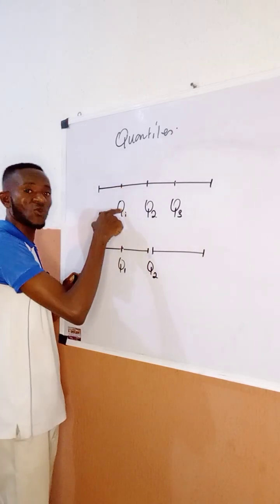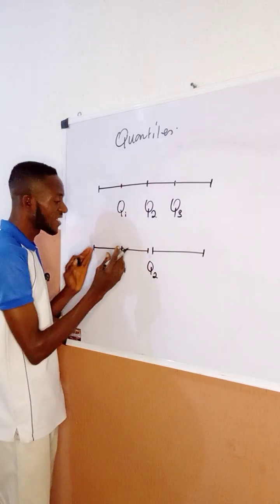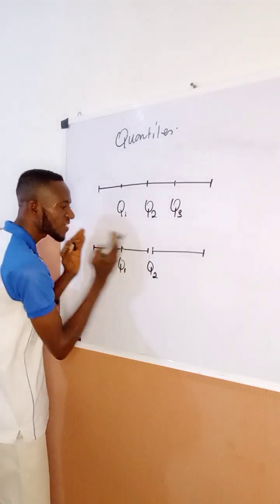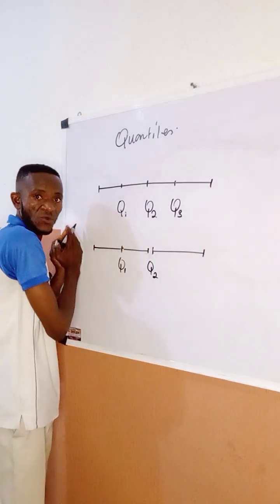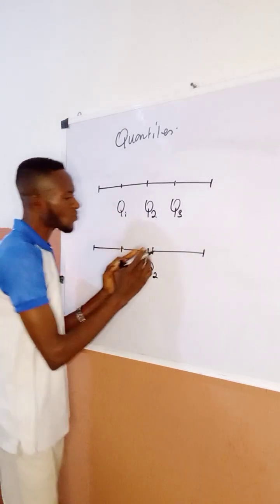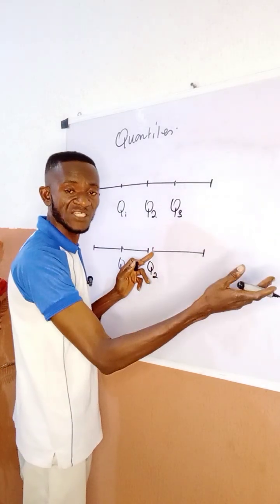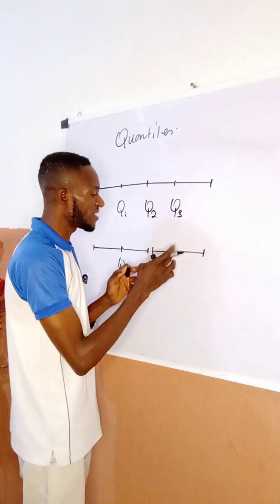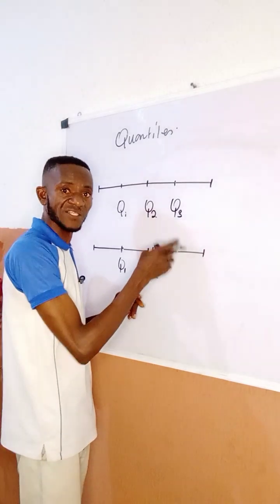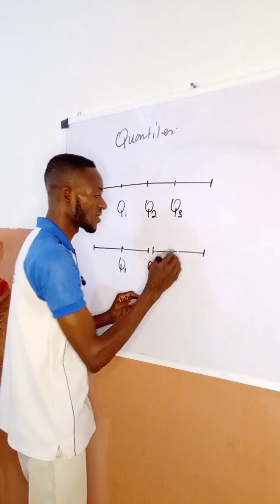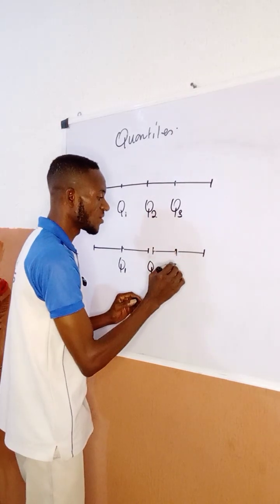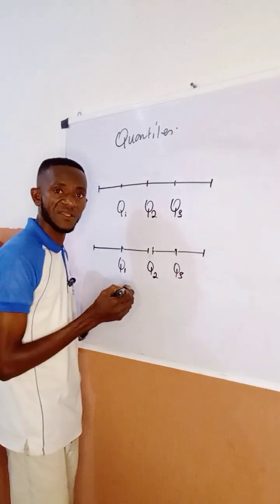Which means that the Q1, which is the first quartile, is the median of the first half of a data set or distribution. We equally begin to look from here to here as being a distribution, and we talk about a median, which is a number that is going to divide this line into two equal halves. So I also have something here, which I'm going to call Q3.